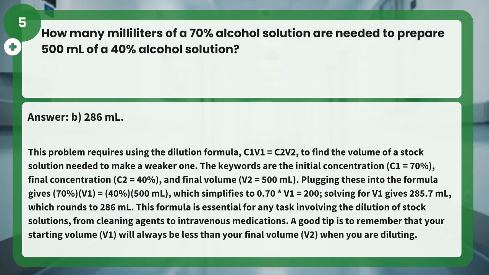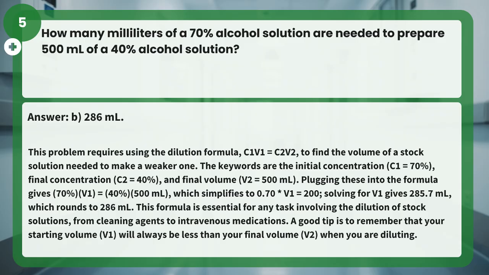Answer: B. 286 milliliters. This problem requires using the dilution formula, C1V1 equals C2V2, to find the volume of a stock solution needed to make a weaker one. The keywords are the initial concentration, C1 equals 70%, final concentration, C2 equals 40%, and final volume, V2 equals 500 milliliters.